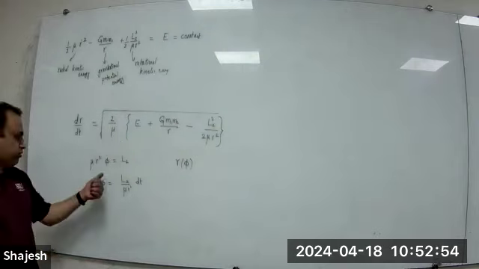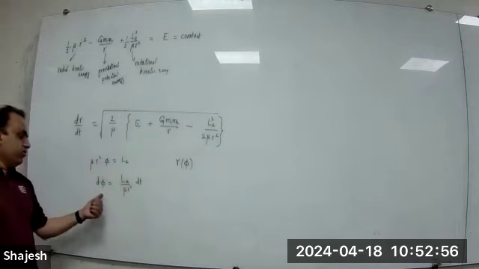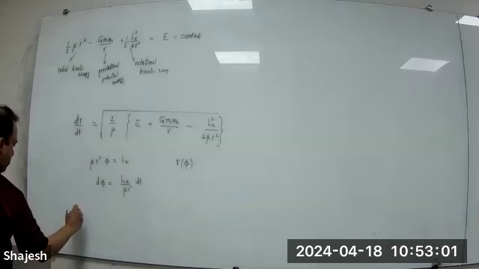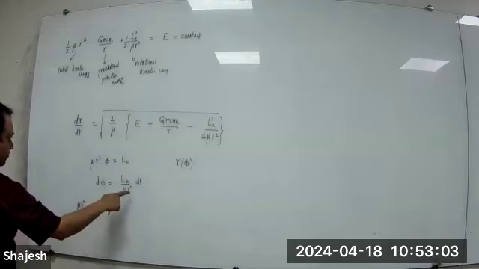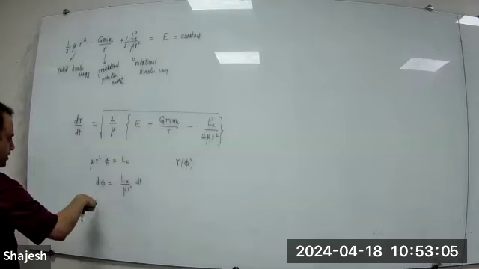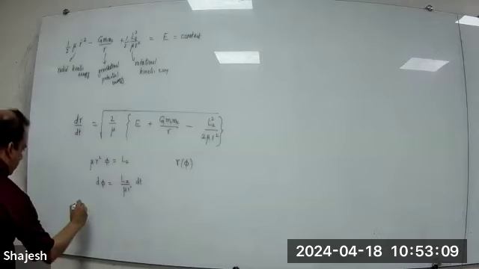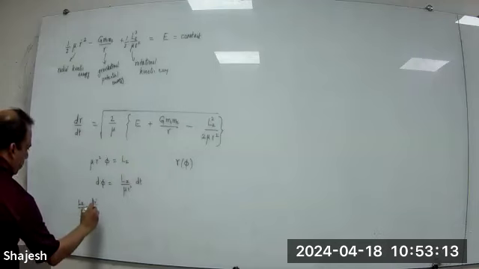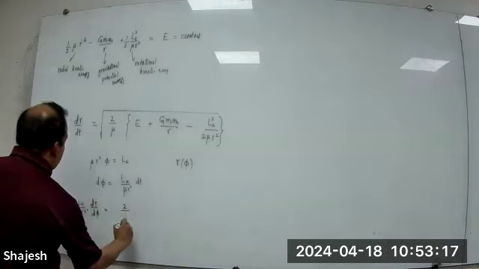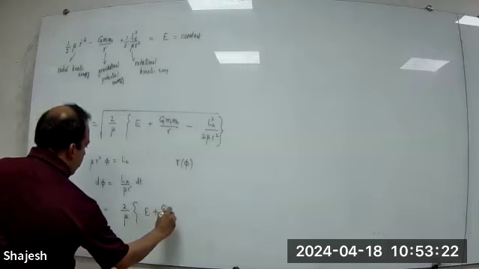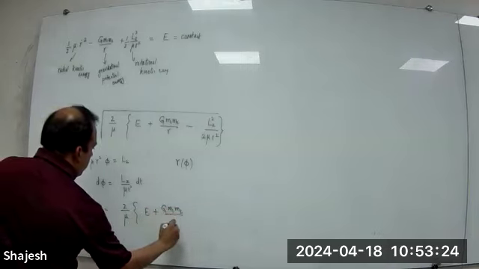So first I replace dt with d phi, which can be done immediately. dt is 1 over dt, right? So this L_z over mu r square times dr over d phi would be equal to the square root of 2 over mu times energy plus G m1 m2 over r minus L_z square over 2 mu r square.